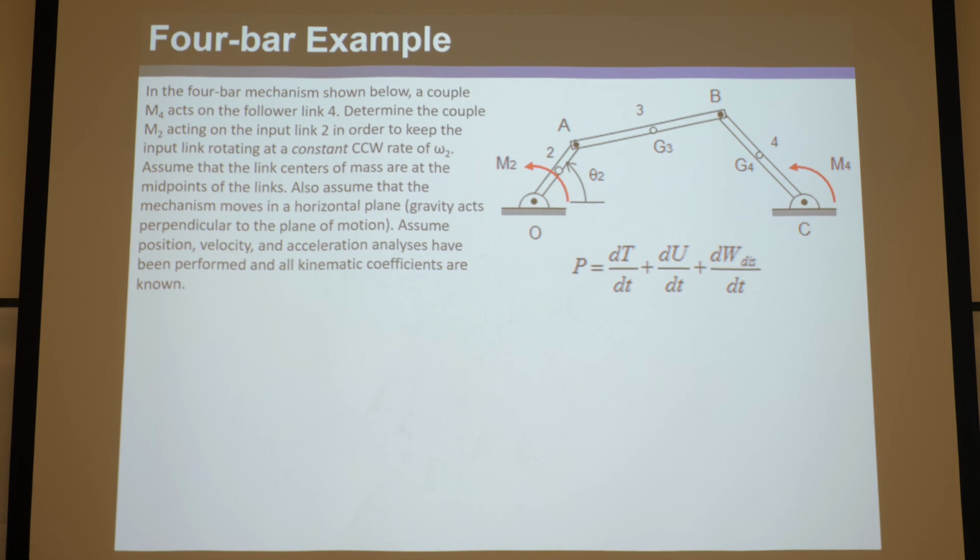So it's important that you do that vector loop right, and hopefully you can see now how critical it is to understand that lecture, because everything builds on it. So let's find that moment using the power equation that keeps link 2 rotating at a constant omega 2.